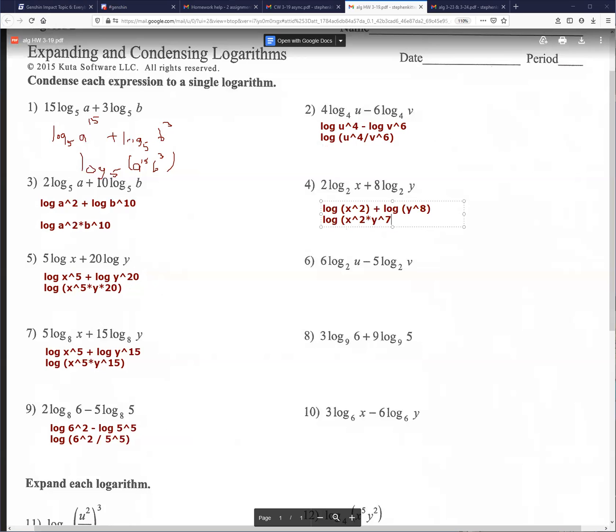Don't do it the other way around. If it's an inside add, you don't want to treat it as a multiply. You don't want to rip that apart in any capacity. Make sure that you're familiar with those log properties. I did go over these in the last video. So if you're unclear, take a look at that again.